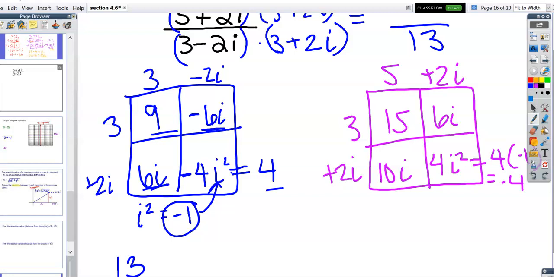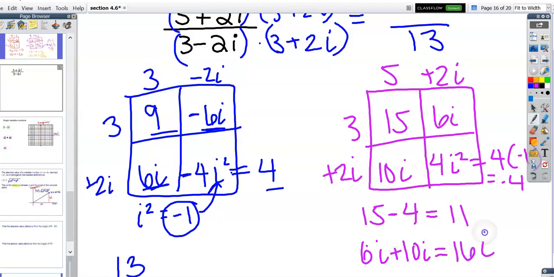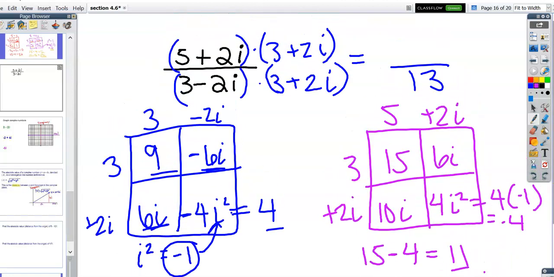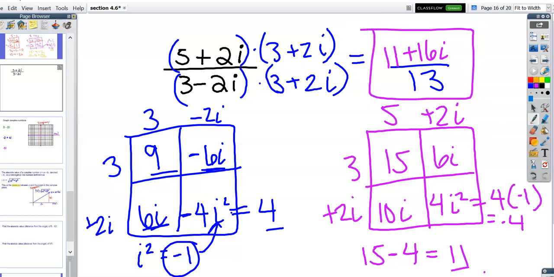Add the rational numbers. 15 minus 4, we get 11. Add the complex numbers or imaginary numbers. 6i plus 10i, we get 16i. So then the numerator is just 11 plus 16i. All right.